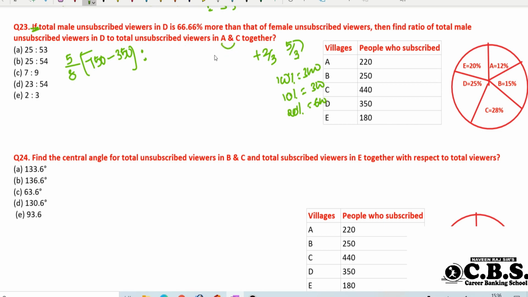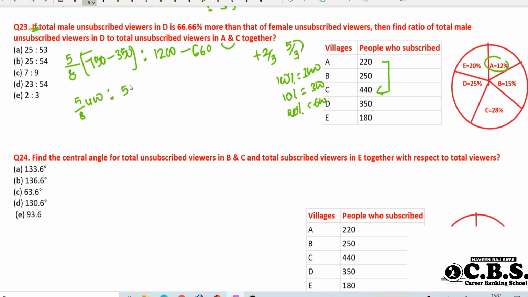Total unsubscribed A and C. So A and C, 12% and 28% is nothing but 40%. 40% means what? 10% is 300, 40% is 1200. Okay, A and C, nothing but what? 660. So 750 minus 350, sorry, 400.